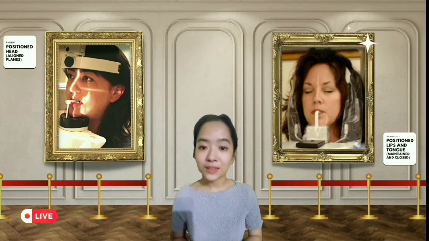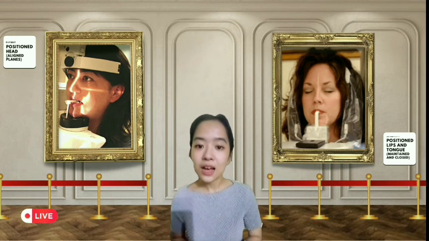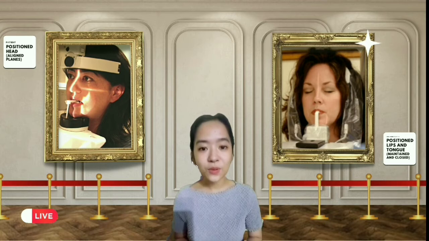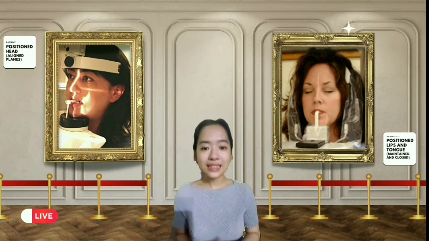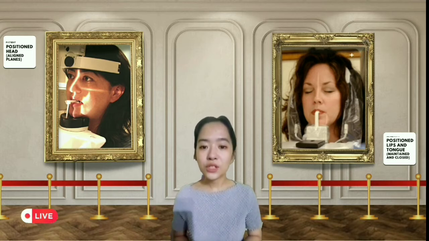It is important that the patient maintains their lips closed around the bite block and does not move throughout the exposure cycle, which is approximately 15 to 18 seconds. With all these photographic instructions in mind, the patient should remain still and maintain these positions while the machine is rotating during exposure.